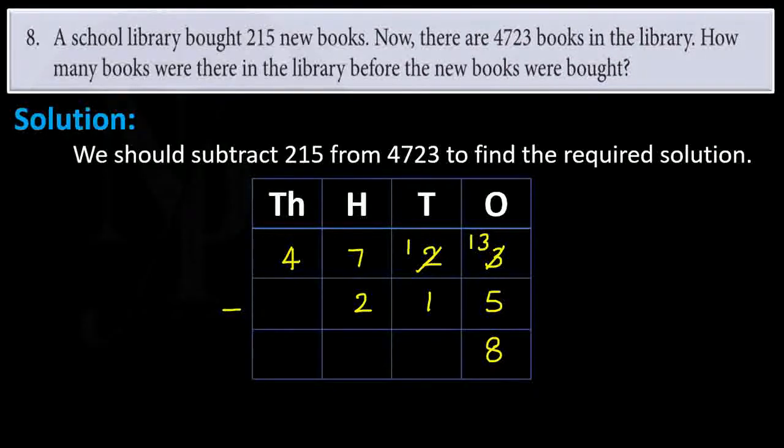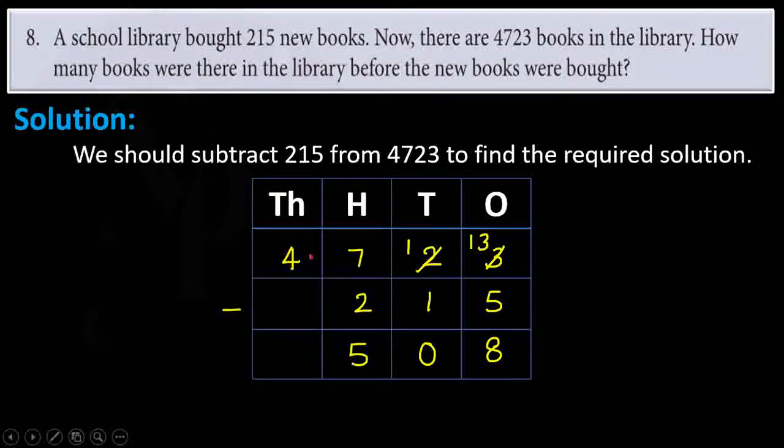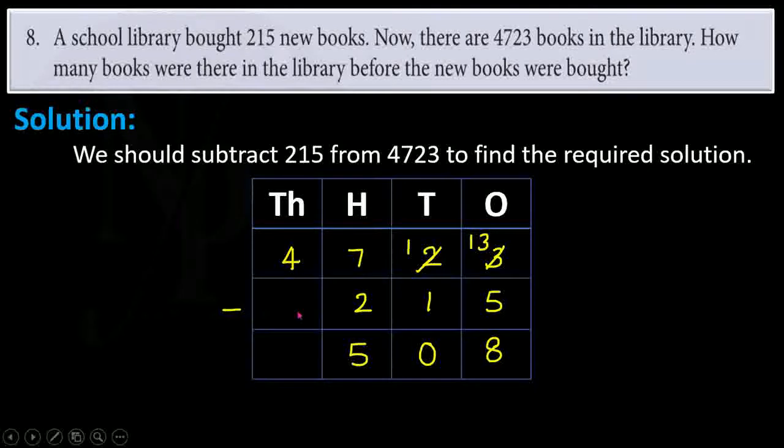And subtracting 1 ten from 1 ten, we get 0 tens. And subtracting 2 hundreds from 7 hundreds, we get 5 hundreds. Difference is 5 hundreds. Here we have 4 thousands, and here we don't have any digit, which can be assumed as 0.